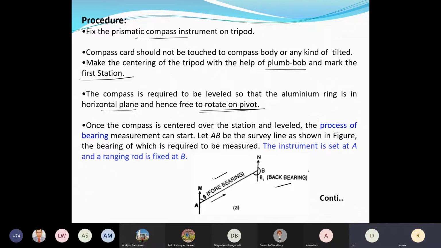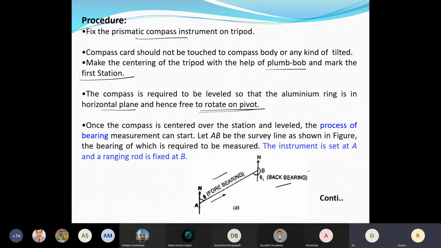Anyone who can tell? Aniket Kumar Gupta. Aniket? Yes, sir. Other than spirit level, any method to know that it is properly leveled? Sir, is it that the compass card should not be touched?